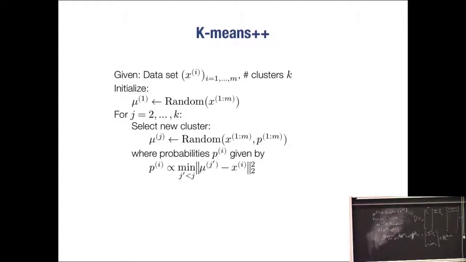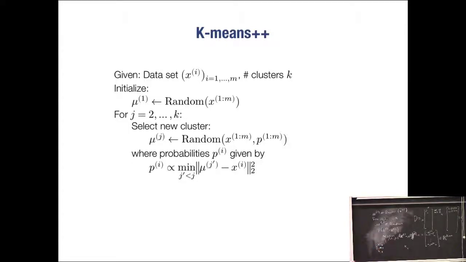But what is this actually saying? Every point gets some probability of being picked as a new center, and that probability is proportional to how far it is from any other existing center. So if I have a bunch of points here, and I've picked my center right there, and a couple of points out here that you still want to cluster, but there are a lot more points here.